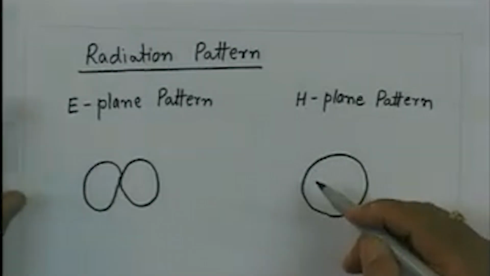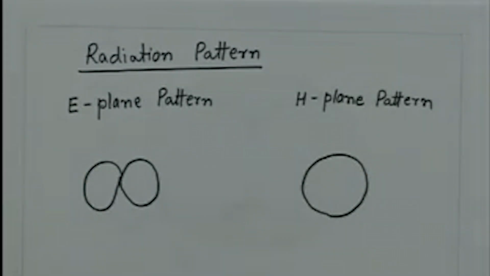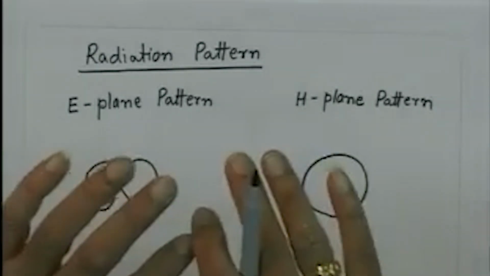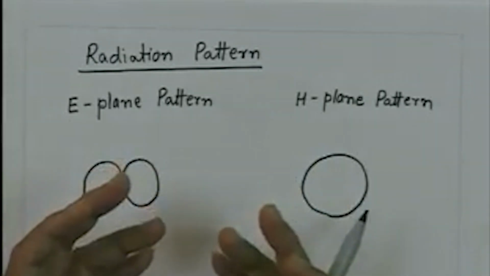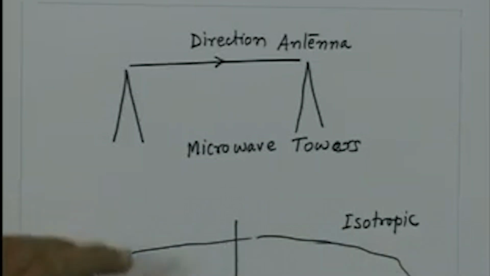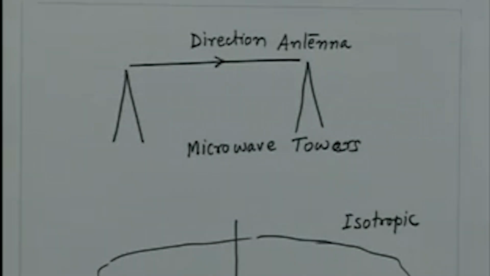That means if I ask what is the nature of the radiation pattern in this plane, which is the H plane, that is an isotropic pattern. It is not isotropic as a function of theta, but it is isotropic as a function of phi. So, I may use this structure and I may get a radiation pattern which is uniform in this direction for making use for the broadcasting applications. So, in this case I may have an application which is broadcasting.